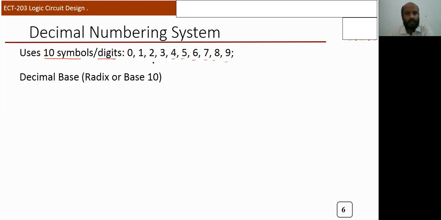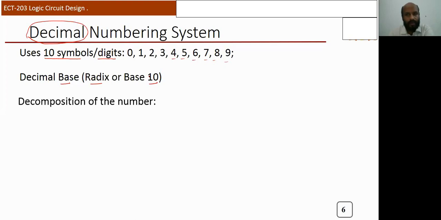This means we can call the base or radix of the decimal number system 10. So that's the meaning. The base or radix of a number system means the number of different symbols or digits used in that particular number system. Okay, so in the decimal number system, the base is 10, meaning it uses 10 different symbols.